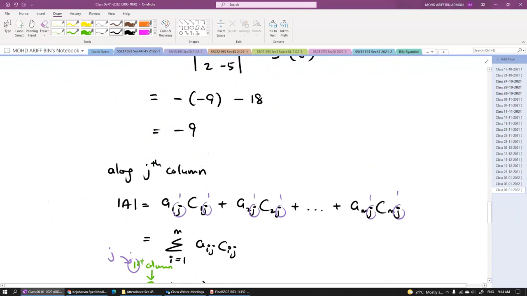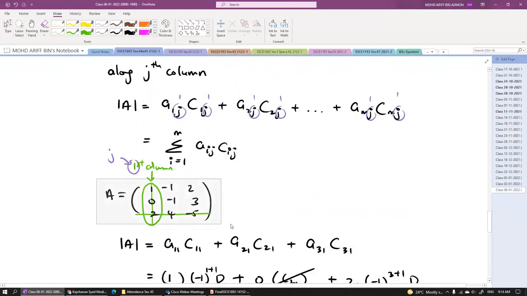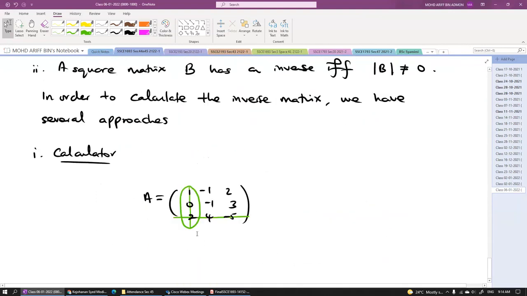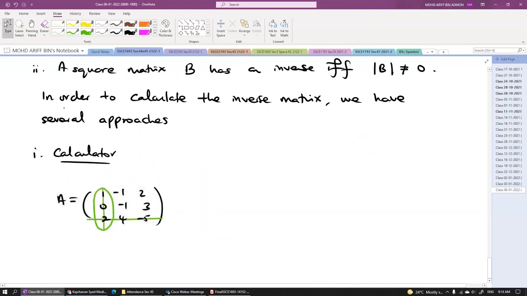Go back to the same matrix here. Now how can we use our calculator to calculate the inverse? Please use your calculator and store your matrix in the calculator.